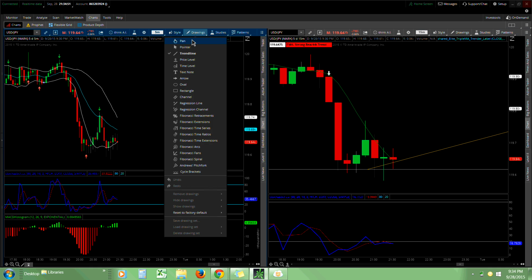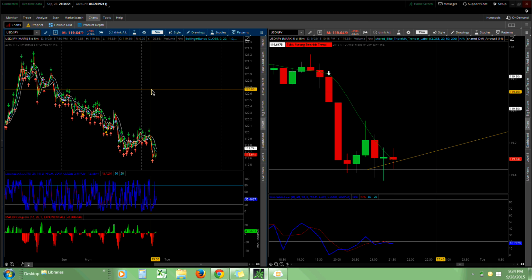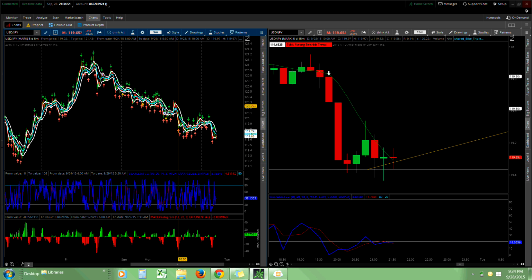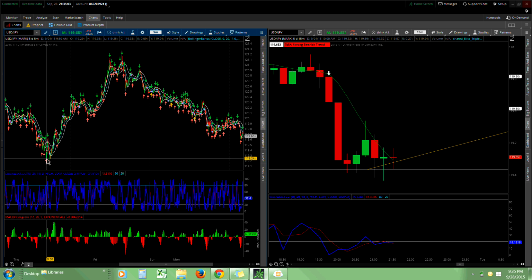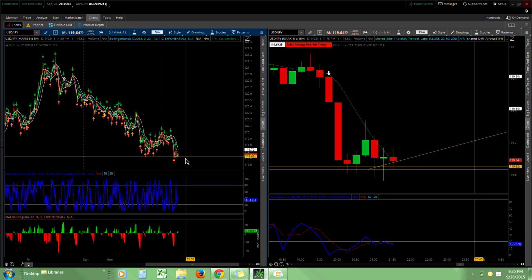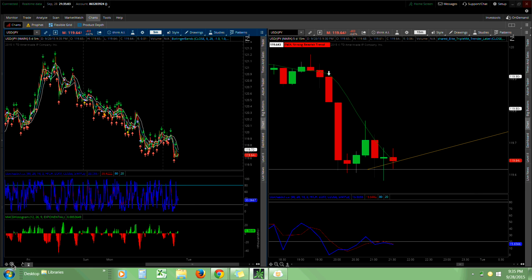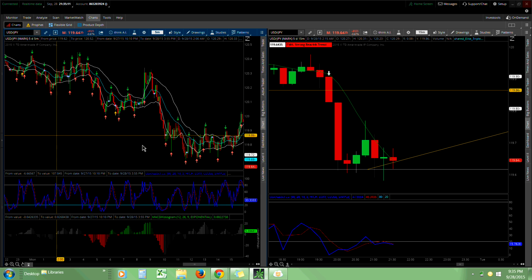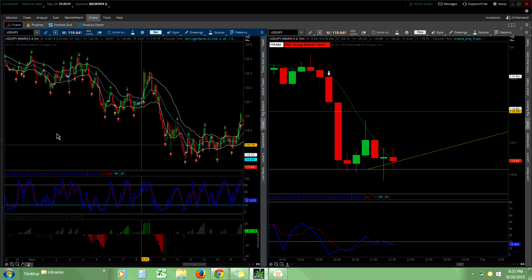So let me just do one thing real quick and scale out and see what it looks like. So this has been overall down, okay? And it's been lower than that from this point over here. But if you look at it real good, it says that it might have a short-term pull up to the upside.